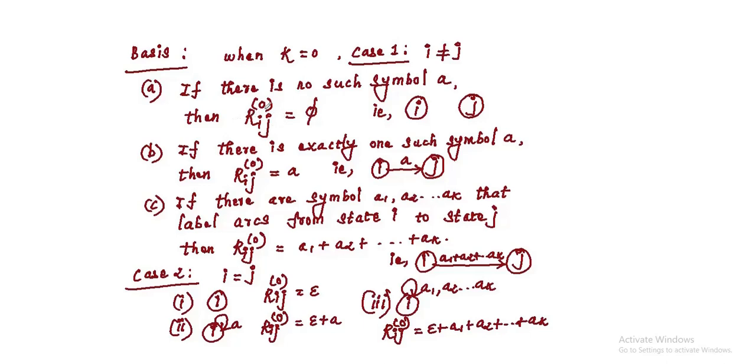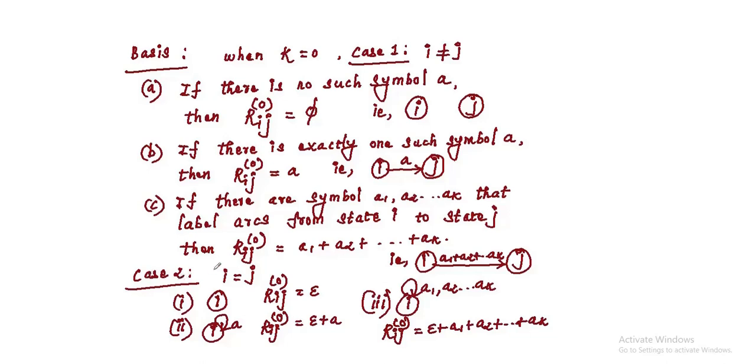If there is exactly one such symbol a, then Rij raised to the power 0 equal to a, because there is a transition from i to j labeled a. If there are symbols a1, a2 up to ak that label arcs from state i to state j, then Rij raised to the power 0 equal to a1 plus a2 plus up to ak.